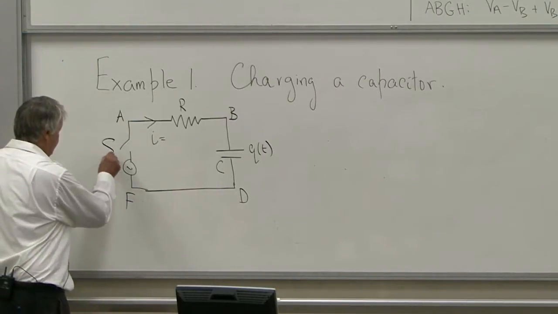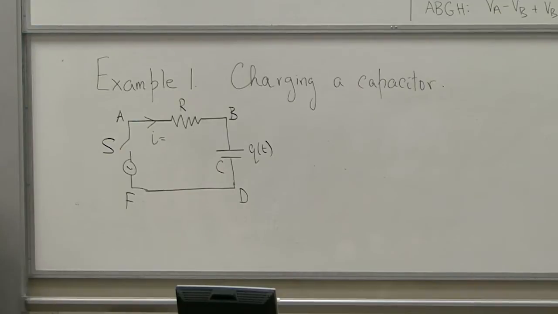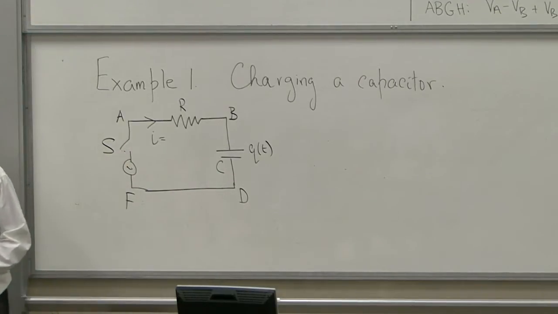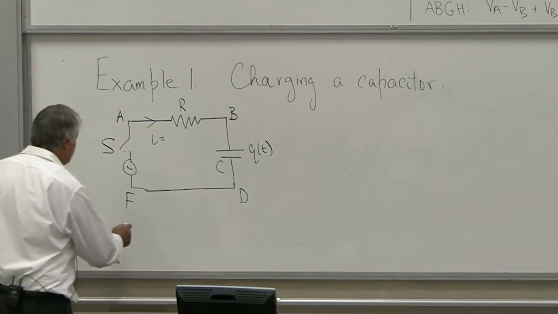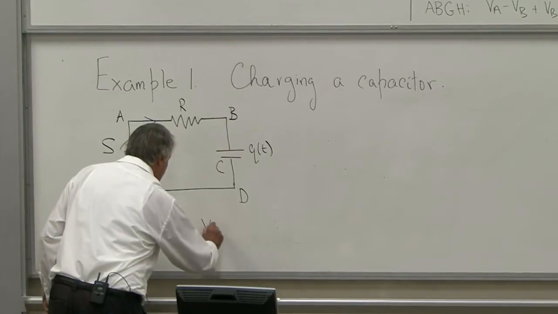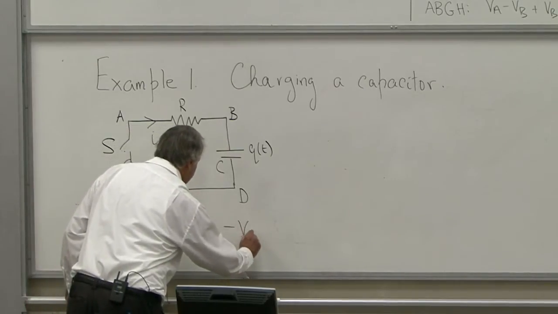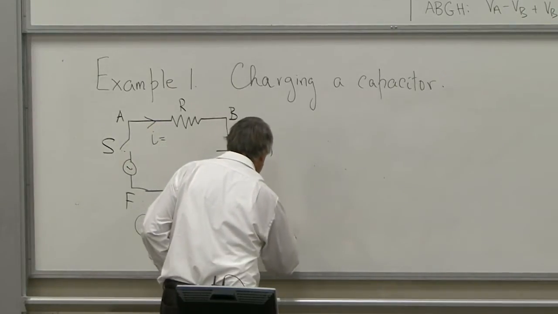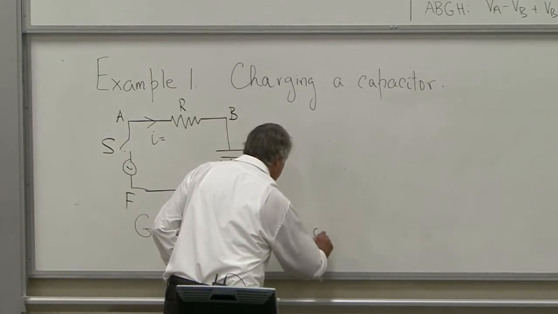This is a switch. This is the sign I use for a switch. When the switch closes, then current will begin to flow in the circuit. I'm going to give you, given that VA minus VF, that's this jump here, when you close the circuit, is some V0, constant.